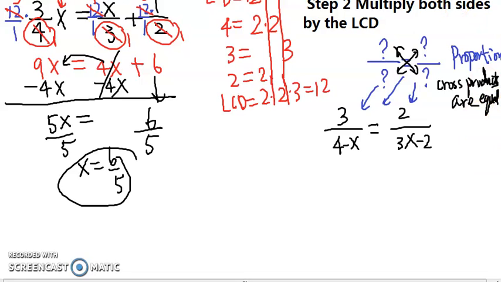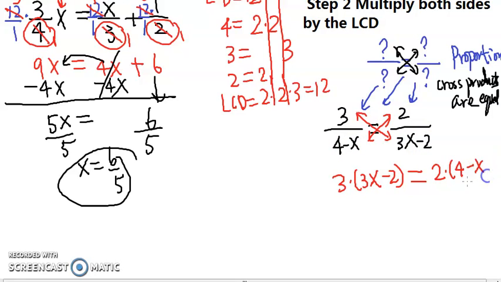So in this case, we can use the property to do it. So we multiply diagonally 3 times 3x minus 2. That should be equal to the other cross product, 2 times 4 minus x. And we got rid of the denominators very quickly.